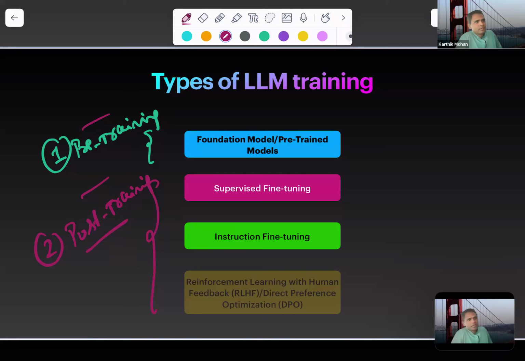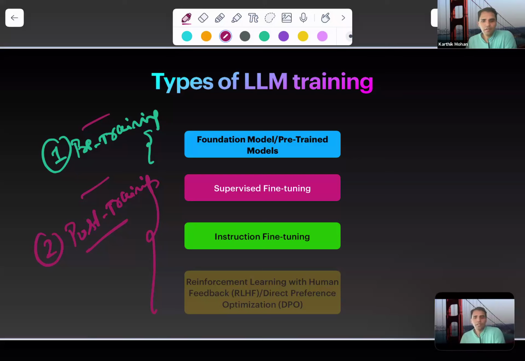Companies can spend anywhere from a few million dollars to even a billion dollars, or hundreds of millions of dollars, to train a foundation model. It just depends on the size of the model. So pre-training is a separate beast by itself.